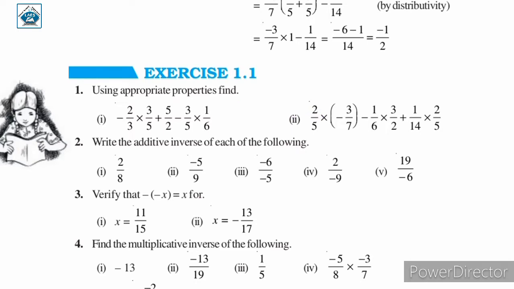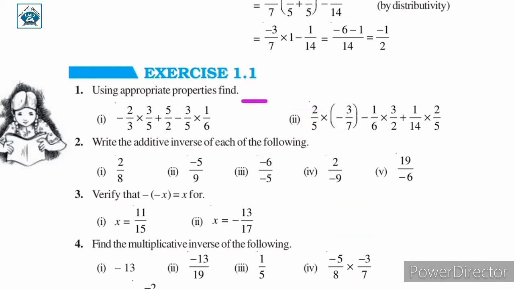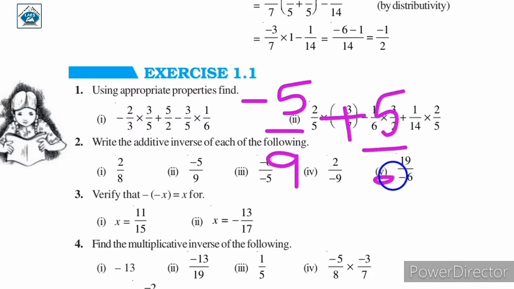So here we already have minus 5 by 9. We are taking the negative of this number. So minus and minus we get plus 5 by 9. So here the additive inverse of minus 5 by 9 is positive 5 by 9. When we add these two, we get 0.